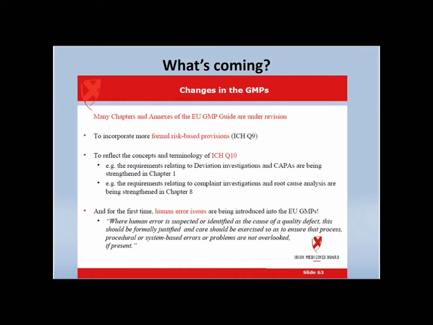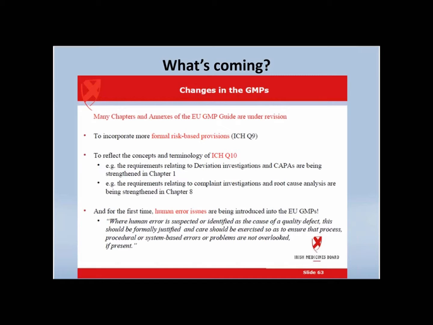Okay, so this is 211.22, and this is what it says. I'm not going to go through all of the details, but I will emphasize one portion right here, where it says that the quality unit has the responsibility and the authority to review production records to assure that no errors have occurred, and if errors have occurred, that they have been fully investigated.